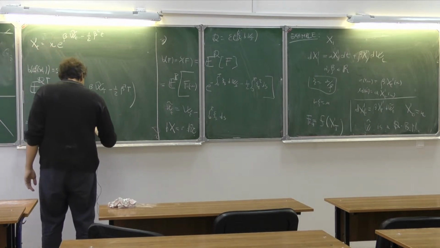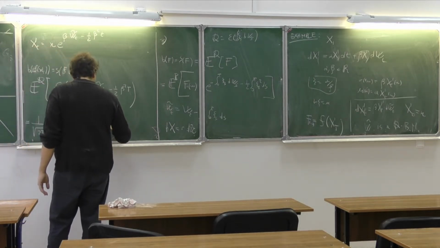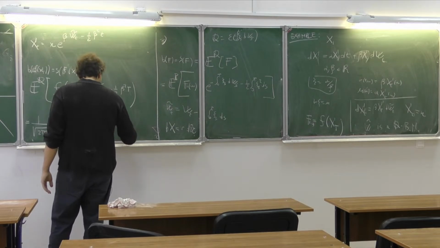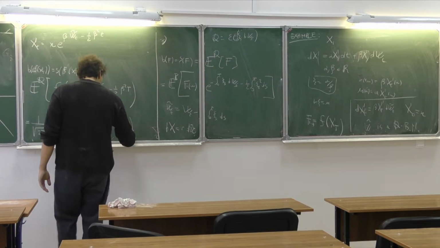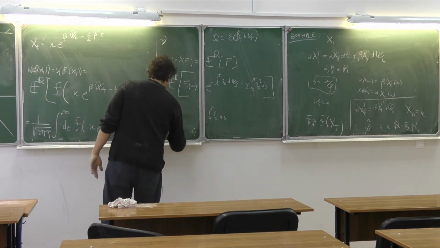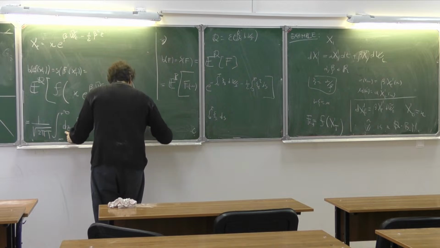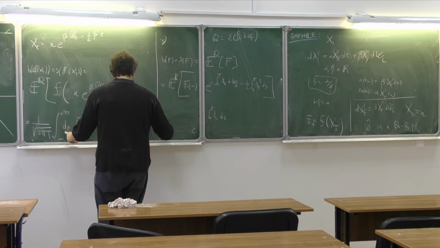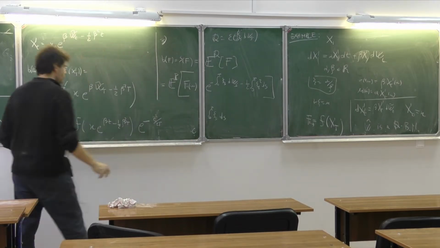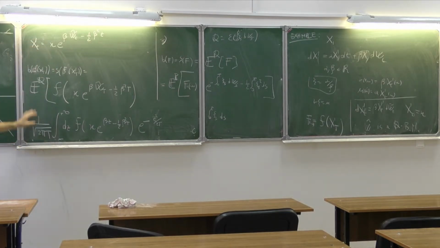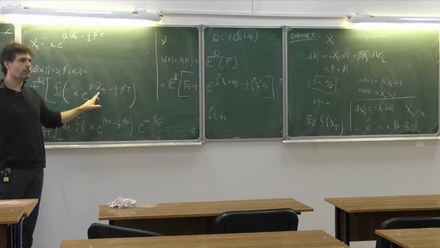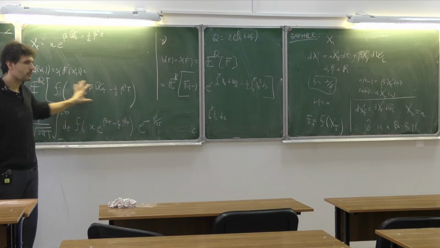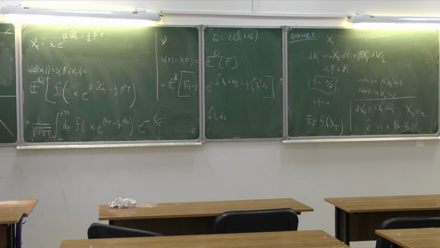F of x e to the beta z minus 1 half beta square t, and then the Gaussian density, e to the minus z square divided by 2t. It is a function of a Gaussian random variable of variance t. So I got a very explicit form.